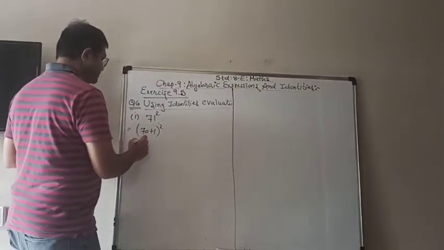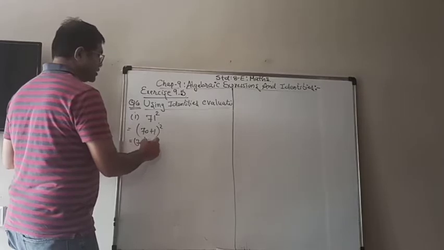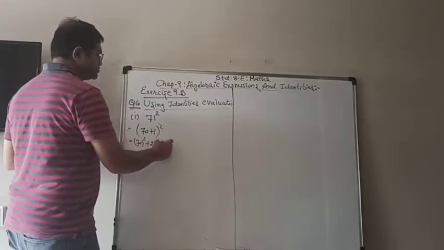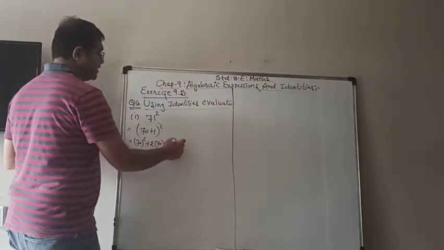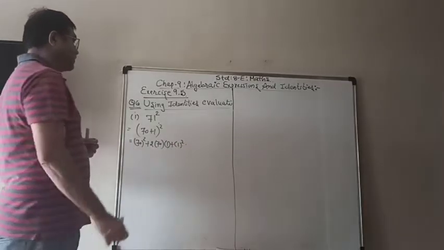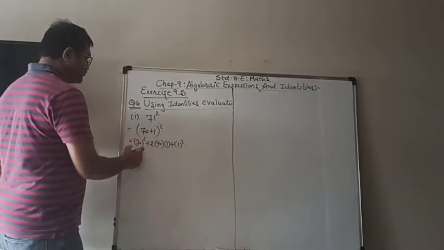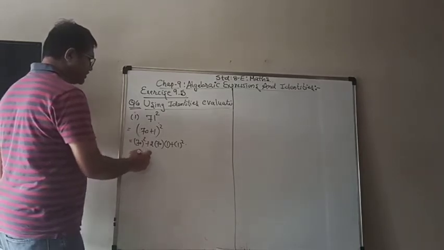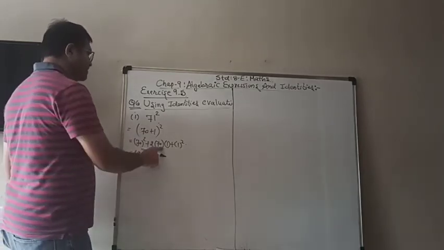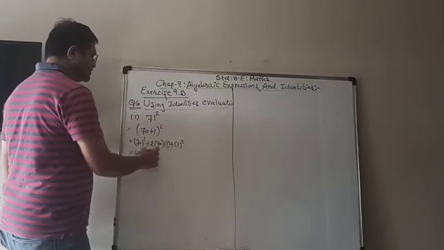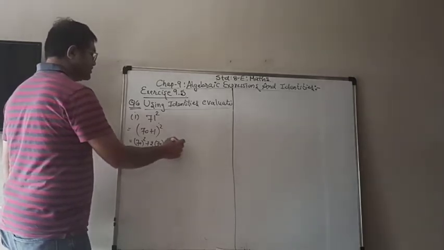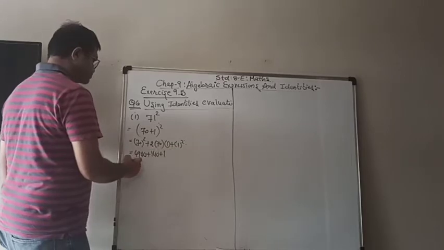That is 70 whole square, 2 into 70 into 1 plus 1 square. 7 square is 49, so 4900 plus 140 plus 1 square is 1.